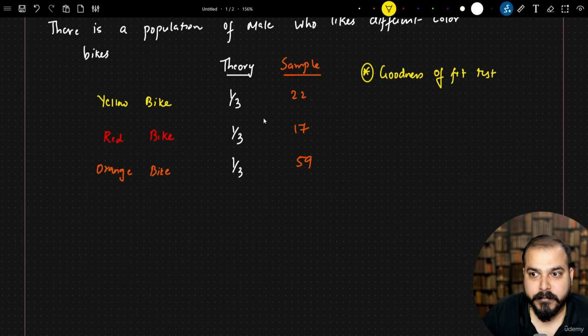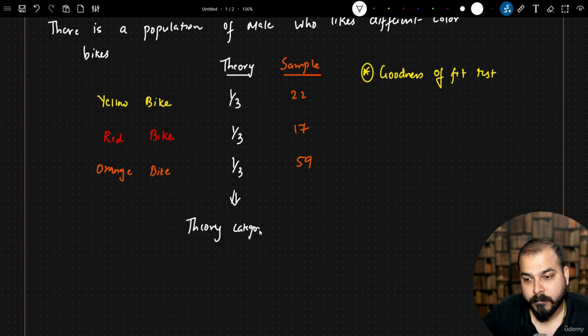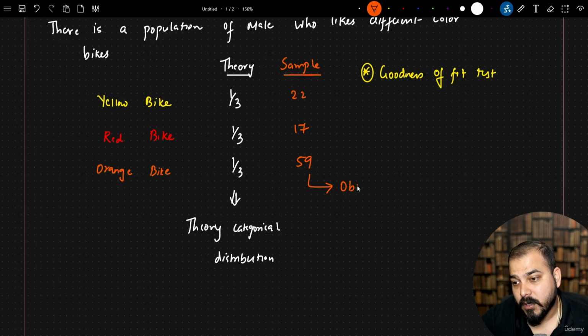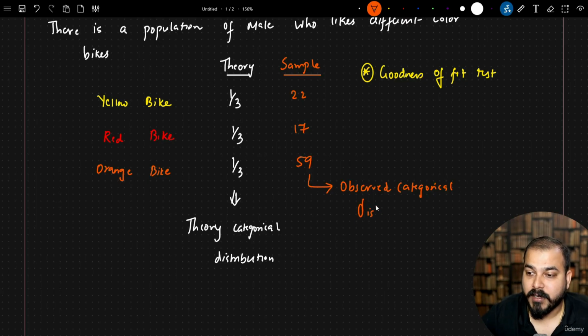The theory part is called the theory categorical distribution, and this part is called the observed categorical distribution. This is super important, because using this theory and observed distribution we will do the goodness of fit.